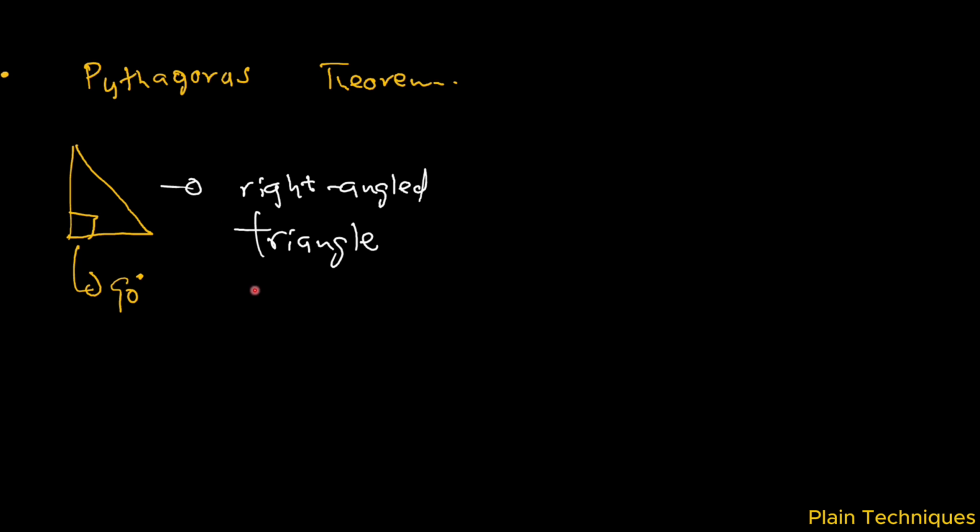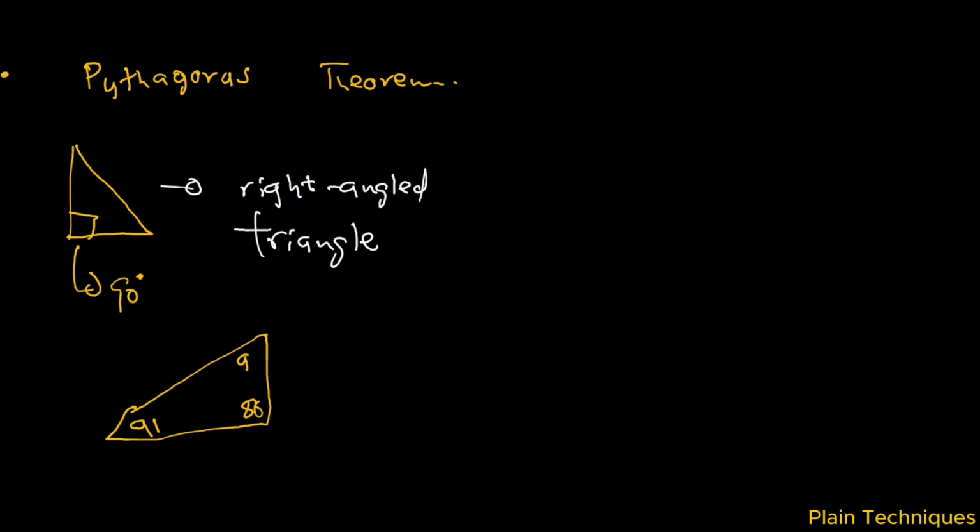So, if you have, let's say, a triangle, and let's say this is 91, so this is 9, then that will be 100, and this is 80.